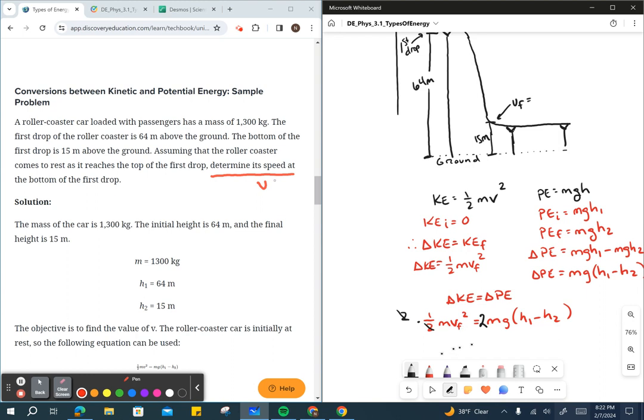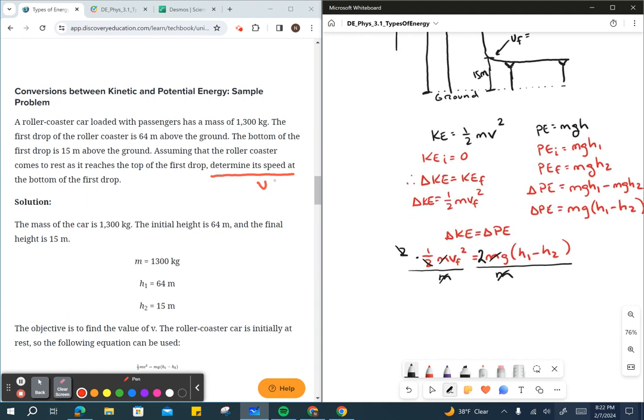I want to get the m all by itself. So now I'm going to go ahead and divide out the m. M divided by m cancels out. What you do to one side, you do to the other. And now the last thing I need to do is I have a v squared, and we need to undo that.